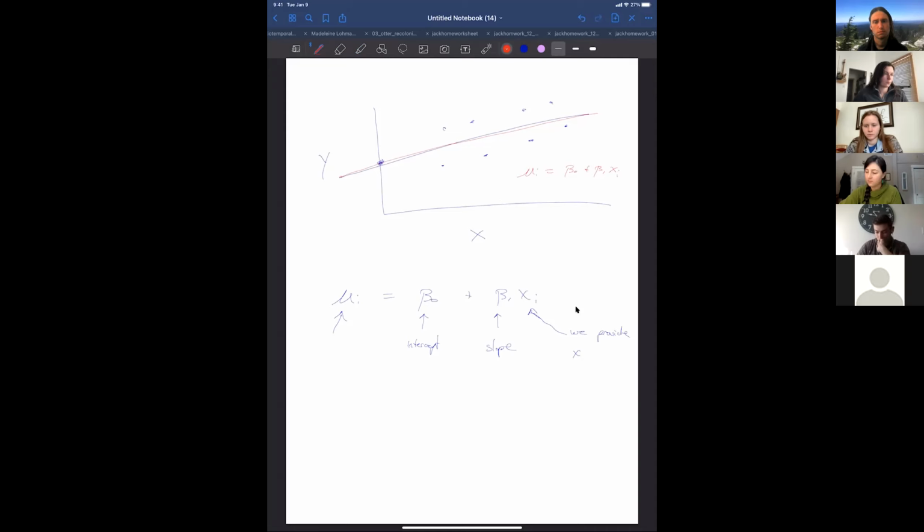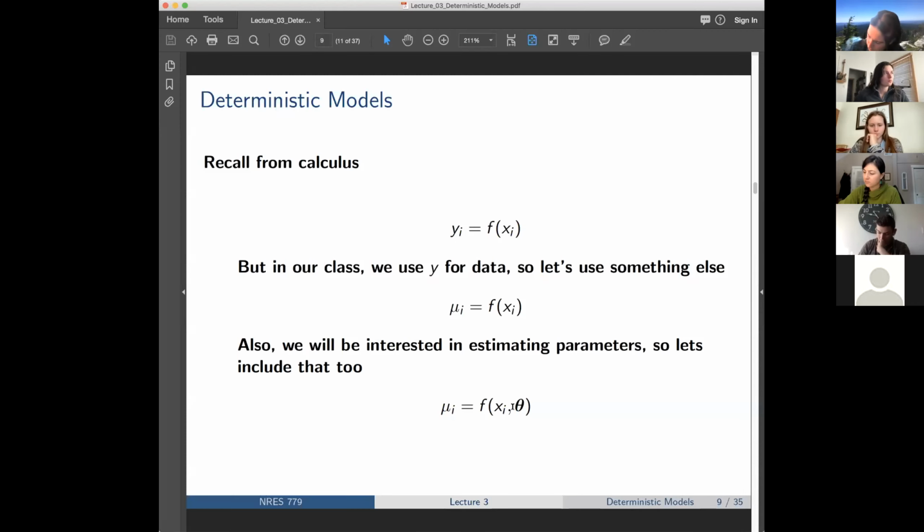Or we could write this as mu i equals some function of x and beta 0 and beta 1. And then for shorthand, we say these are theta, because sometimes we'll have models that have hundreds of these parameters, beta 0 through beta 100. We don't want to write them all out. Instead, we can just write for shorthand, the parameters equal theta.